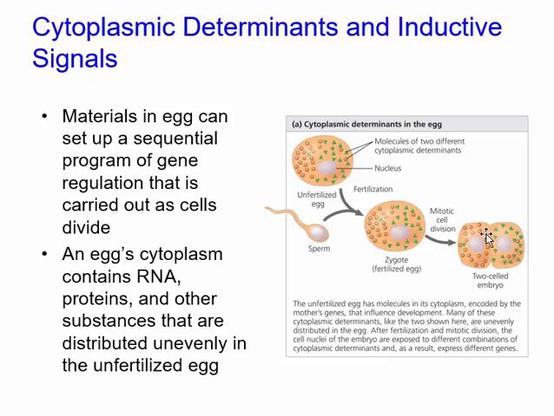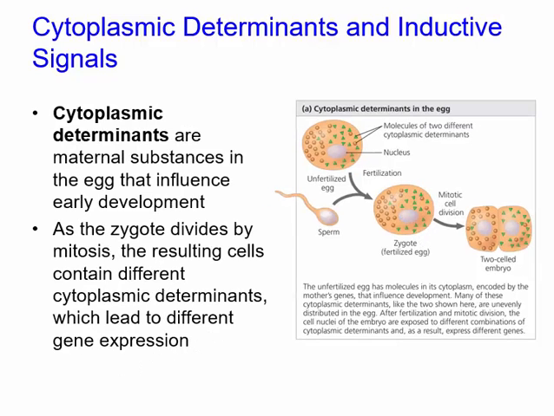So we see this in this figure. We have these cytoplasmic determinants, just colors, little triangles and circles. And so when this cell undergoes this mitotic division, you see the two daughter cells, the two-celled embryo here, having different amounts of these cytoplasmic determinants as this cell division has happened. Here, this one on the right gets all the green triangles.